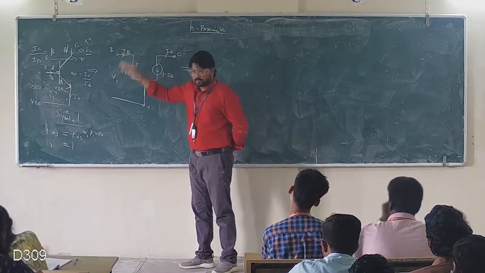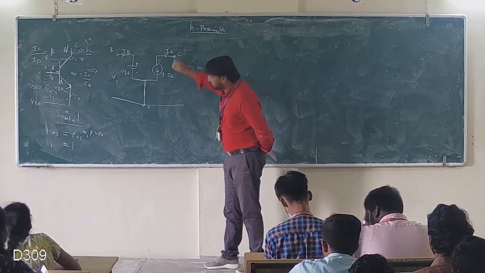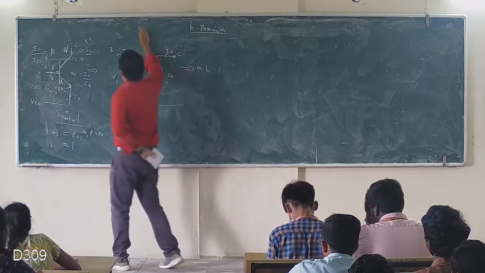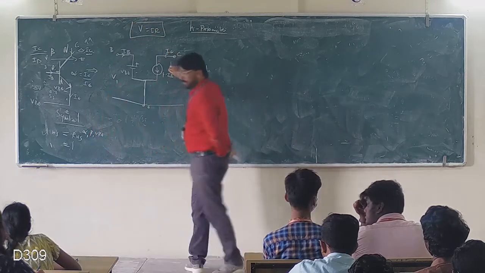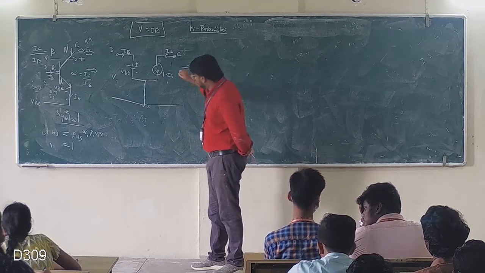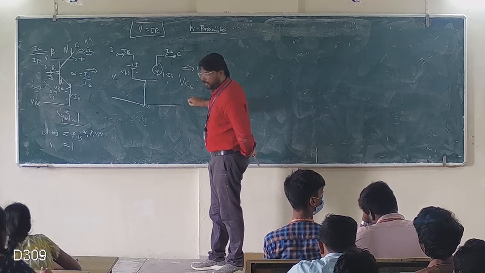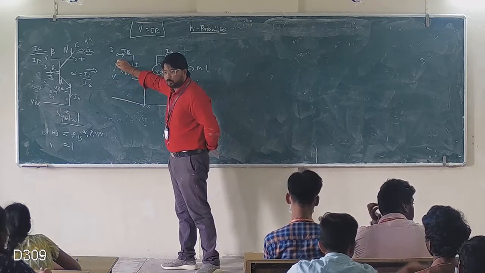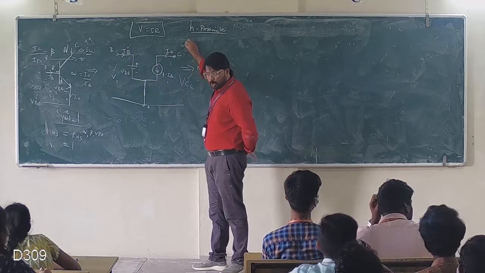So because of the current, what is Ohm's law? V equal to IR, right? If I know the current with respect to output impedance, I could calculate collector to emitter voltage. So now I know input voltage, input current, output voltage, output current.